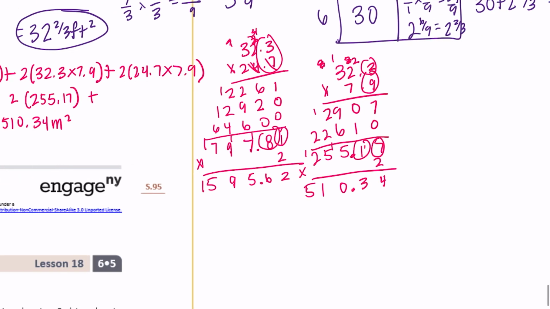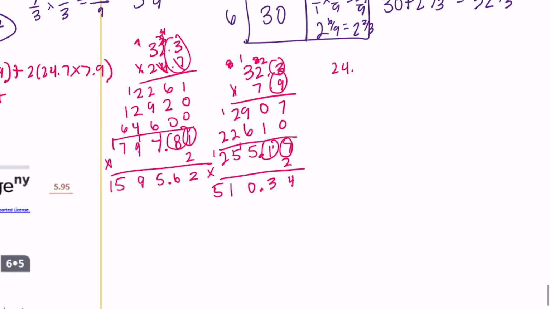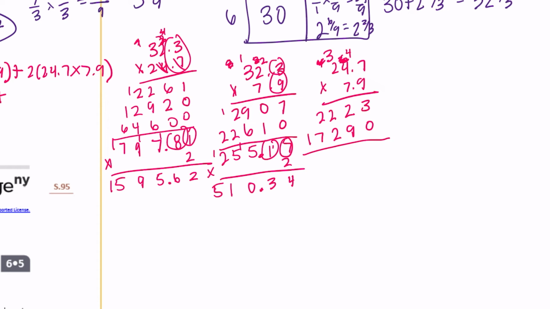And the last one, 24 and 7/10 times 7 and 9/10. 9 times 7 is 63. 9 times 4 is 36. Plus 6 will be 42. 9 times 2 is 18, plus 4 is 22. 7 times 7 is 49, carry the 4. 7 times 4 is 28, plus 4 is 32. 7 times 2 is 14, plus 3 is 17.